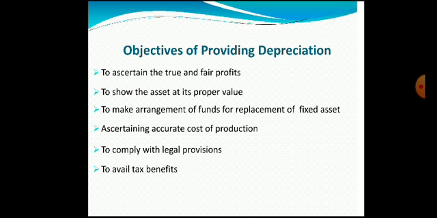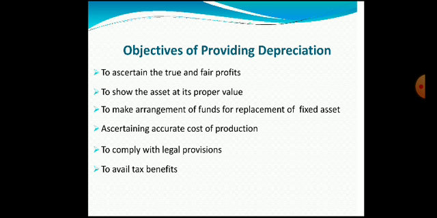Instead, if the depreciation is also charged as a cost for that particular period, 1 lakh minus 20,000, the net result 80,000 is the true and fair profit of the organization. With the example we are able to understand that it is only possible for a businessman to ascertain the true and fair profits of the organization when he charges depreciation.